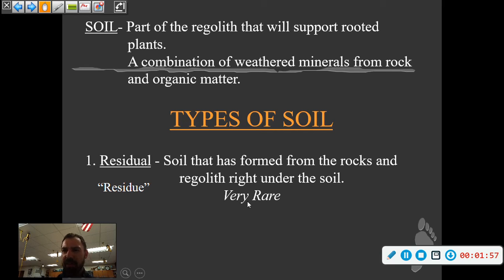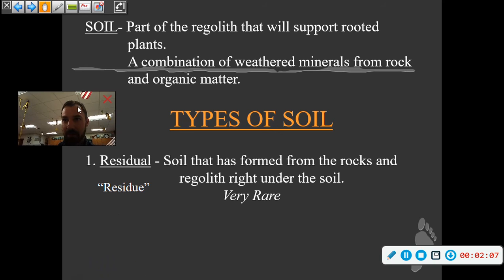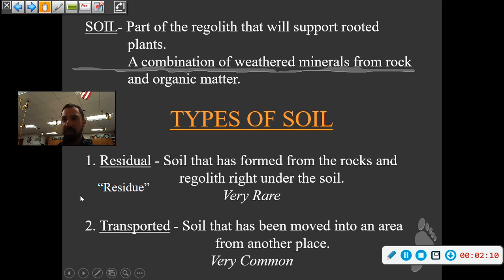That's very rare because you guys know things are going to be moving rocks all over the surface of the earth, so this is definitely not as common. What's instead common is what's called transported soil. So it's soil that's moved from one area to another place. This is very common to happen. And the next term that we're going to be talking about in the next couple days, erosion, that's obviously going to be all transported material.